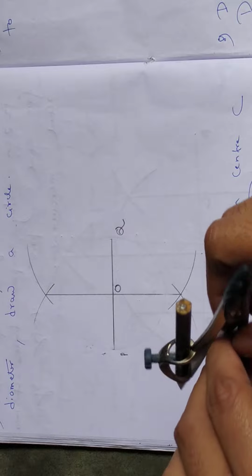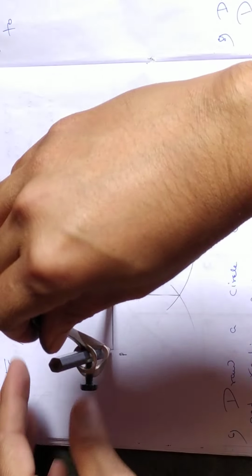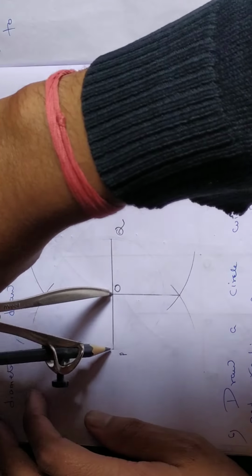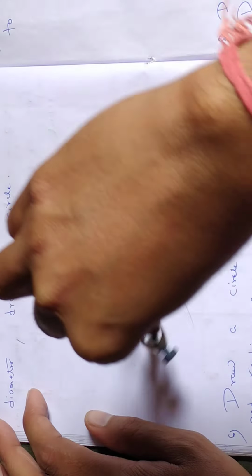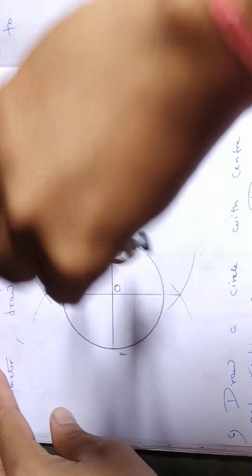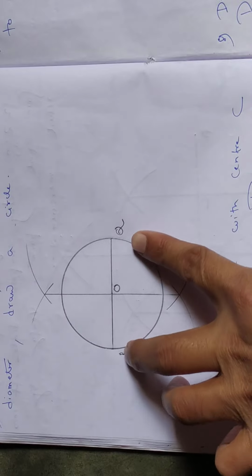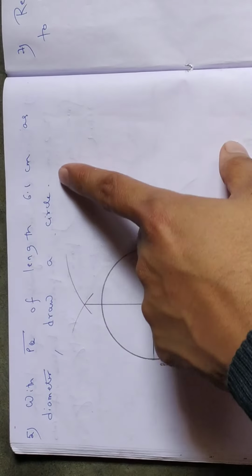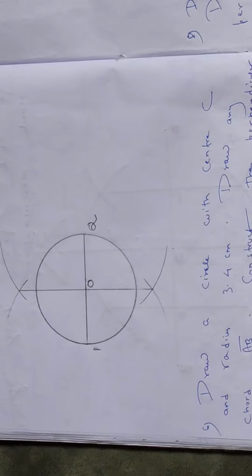Okay, with O as center and OP or OQ as radius, you draw one circle. So you see, this PQ becomes the diameter as it is written in the question, with PQ of length 6.1 centimeter as diameter. So this is the required circle.